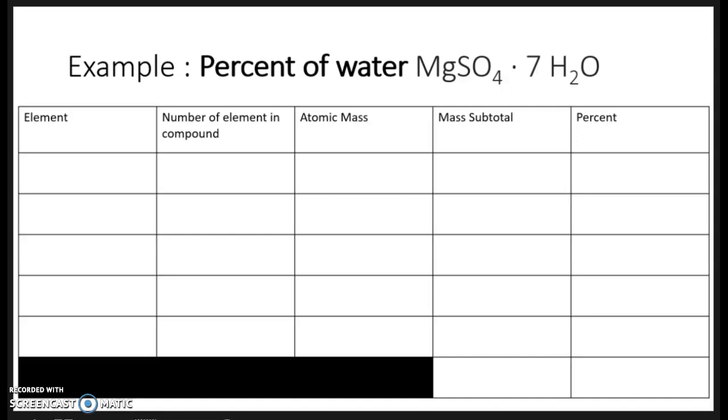Now, of course, we're going to want to go through and list the elements that are present. So we've got magnesium, sulfur, and oxygen. Now, we also have hydrogen and oxygen, but that hydrogen and oxygen I'm listing at the bottom is coming out of the water. Now, we look at how many are in the compound.